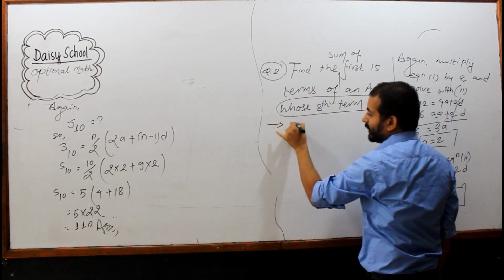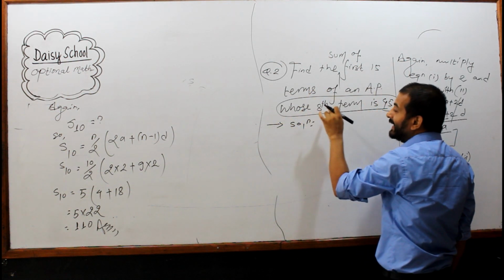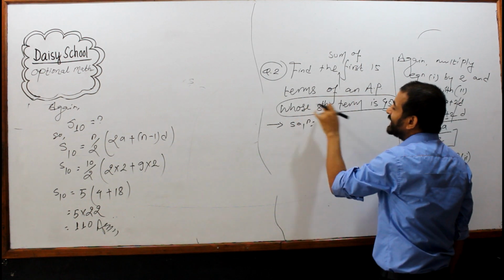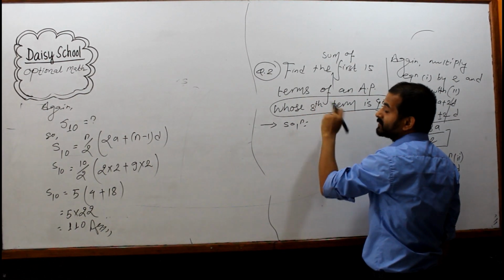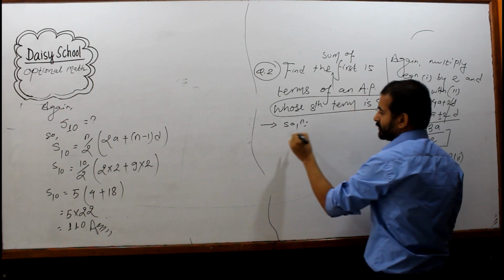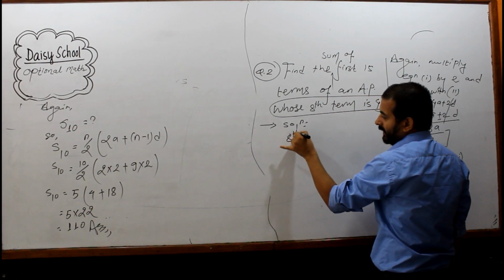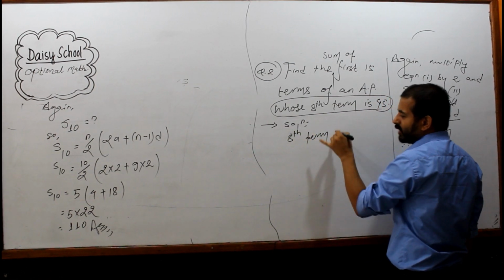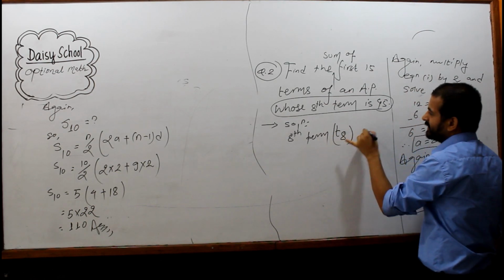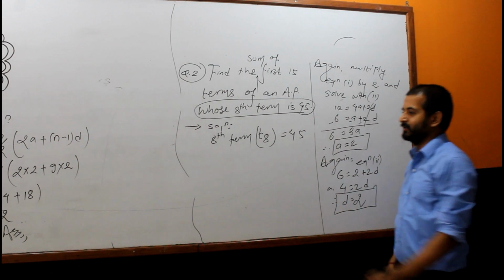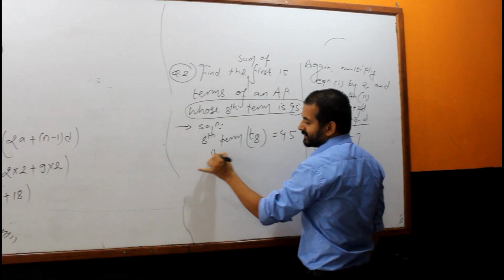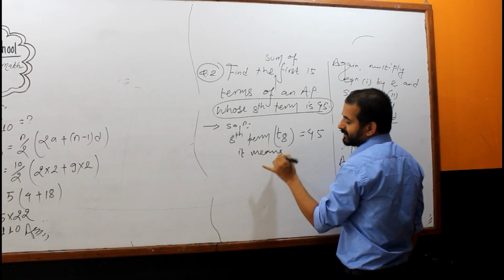Okay, now look here. What is given? Solution. Eighth term. Don't get confused. It is not the sum of the eighth term. It is only the eighth term. So this term, T8, is equal to 45. You know the general form of T8.